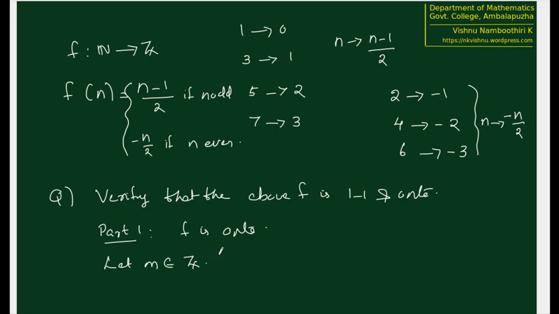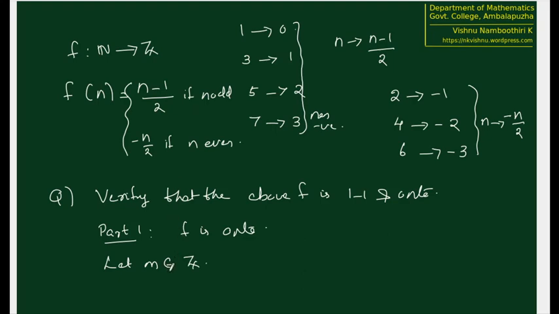N minus 1 by 2 will always give non-negative integers. We can see here 0 corresponding to 1, 1 corresponding to 3, 2 corresponding to 5, 3 to 7. So here we have all these integers non-negative when we choose n to be odd.